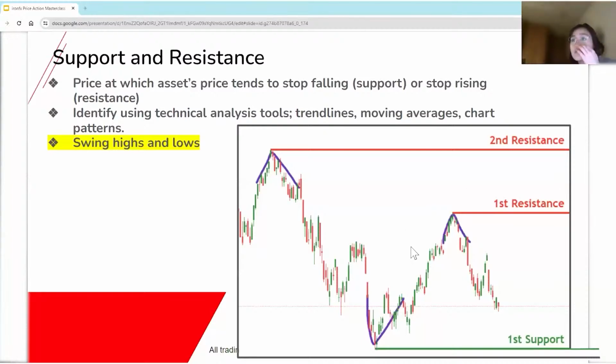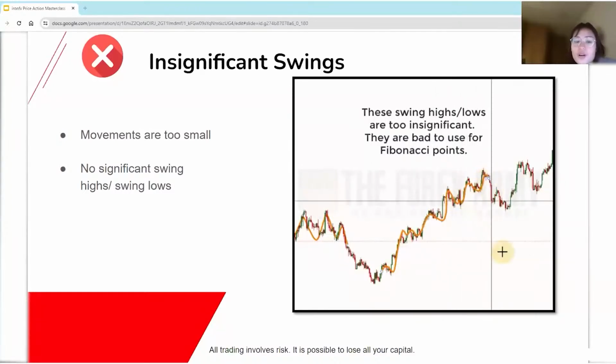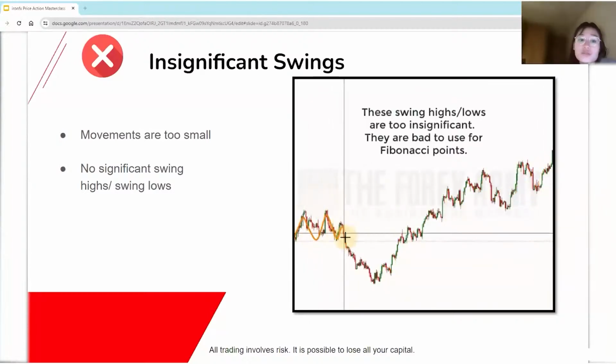Okay, next. So here's an example of an insignificant swing. So these levels are bad to use for Fibonacci points. Here we're talking about Fibonacci, but they are bad to use for any kind of resistance or support levels that you're looking at.